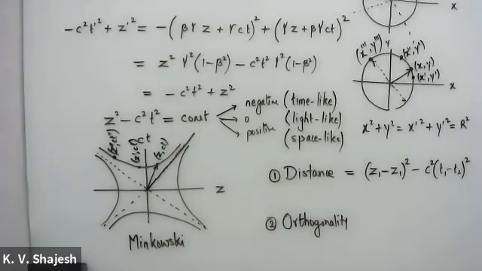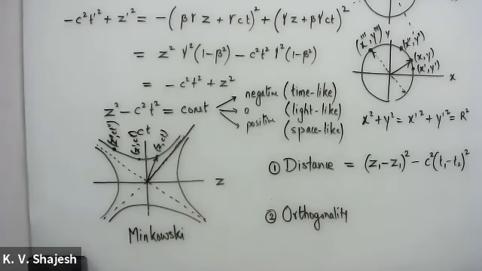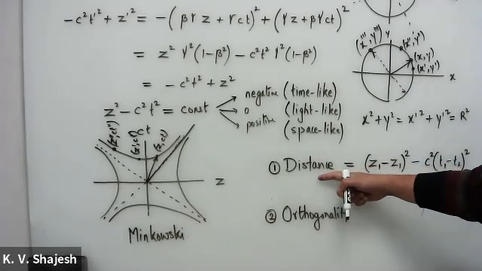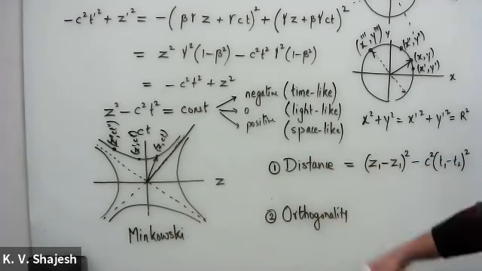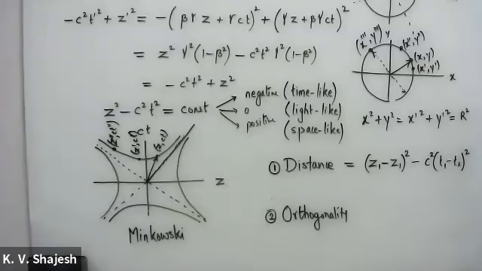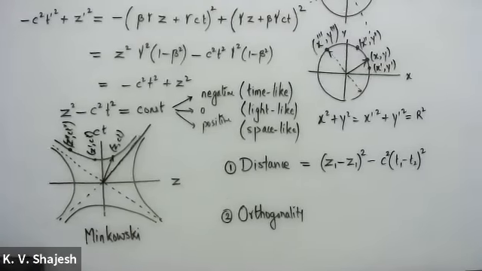That's actually where the orthogonality shows up, and orthogonality is very closely related to what is called a scalar product, which tells you both quantities, distance and orthogonality. So let me talk about rotations here.